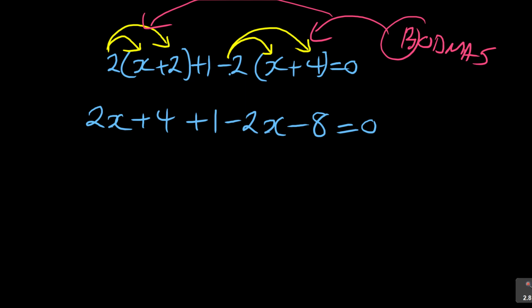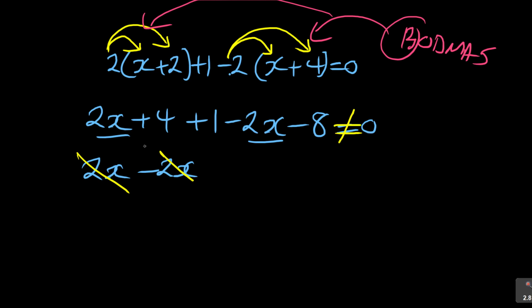Then after that, collect like terms, but it seems funny here if I'm collecting like terms. Let's continue. The like terms are 2x minus 2x, and 2x minus 2x will give me a 0. You see, this will go off, so automatically this won't work.